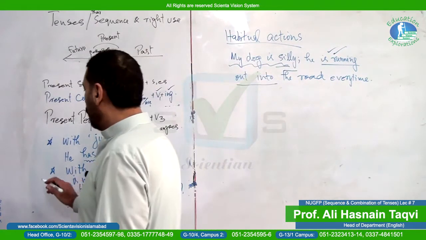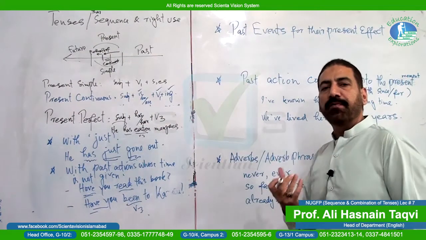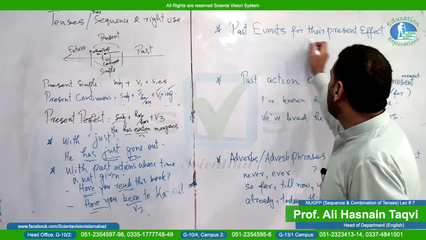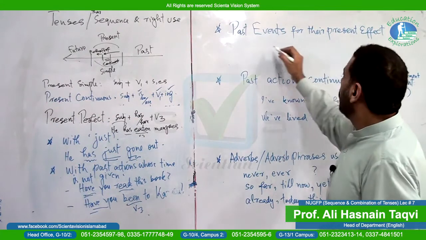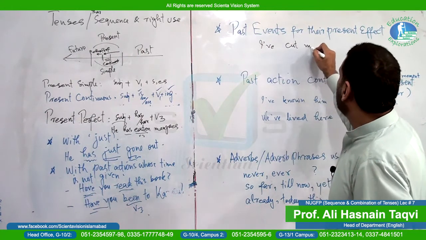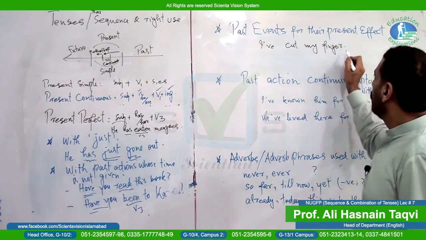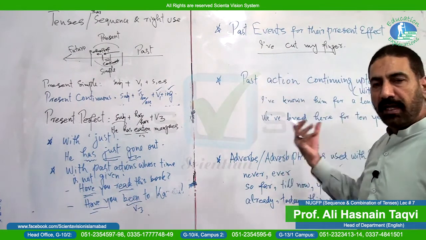Next point that you need to bear in mind: here are some other areas where present perfect tense should be used. Past events for their present effect. If I say, I have cut my finger, this is the right use.